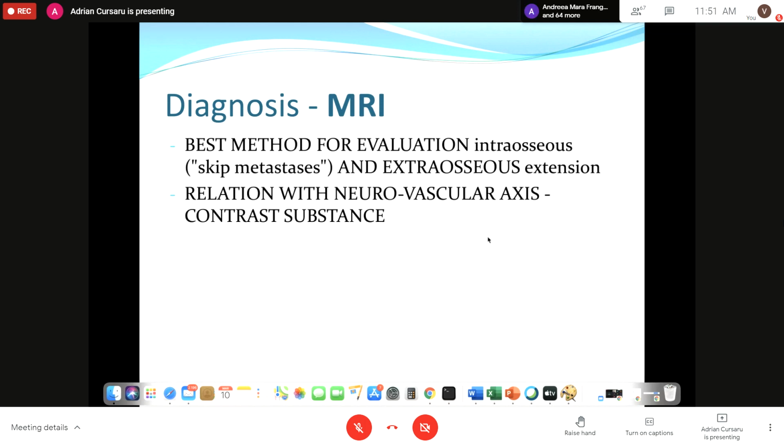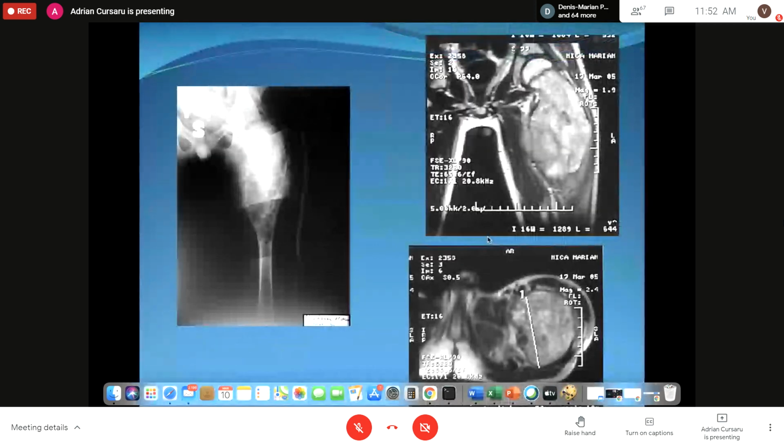The MRI is the best method for evaluating intraosseous skip metastasis and extraosseous extension, and we are speaking here about the soft tissue extension. After the MRI, you can tell me the relation with the neurovascular axis, and you can use contrast substance to see the vessels very well and the invasion of the tumor in that.